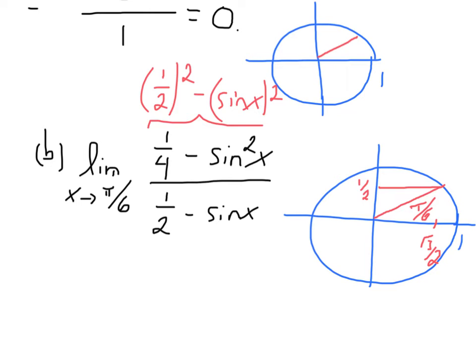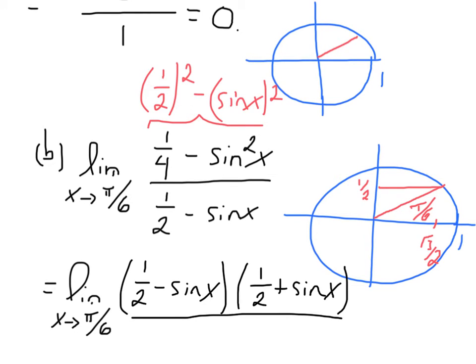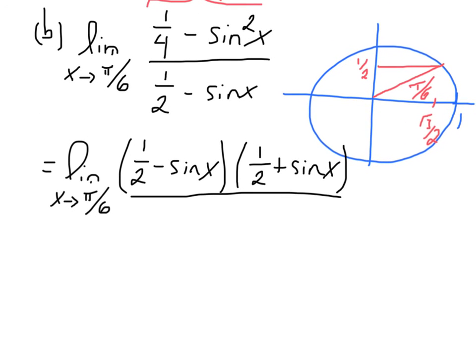Doing that in this situation, we get that this is equal to the limit as x tends to pi by 6 of, our a minus b here is going to be 1/2 minus sine x, so we write that, 1/2 minus the sine of x, times our a plus b here, 1/2 plus the sine of x, and all of this we have divided by 1/2 minus the sine of x.